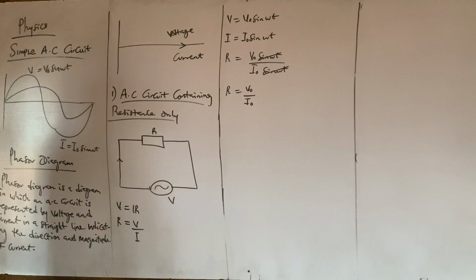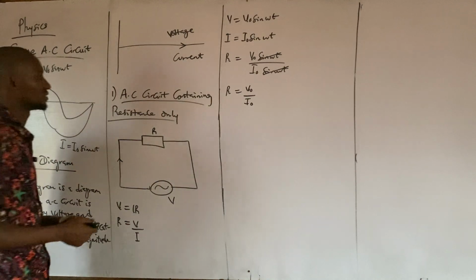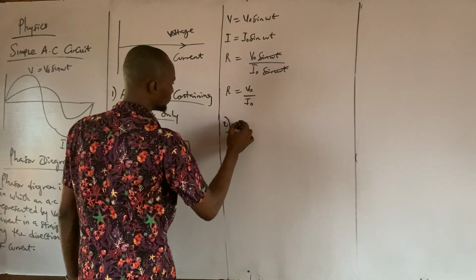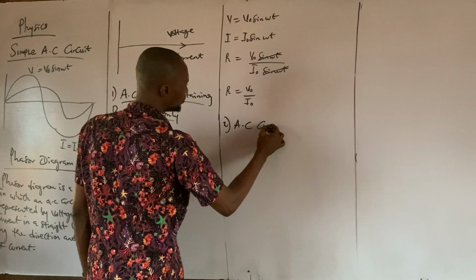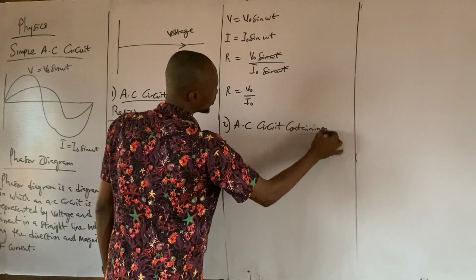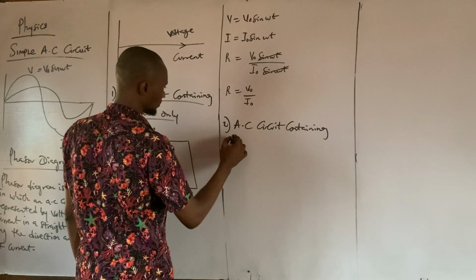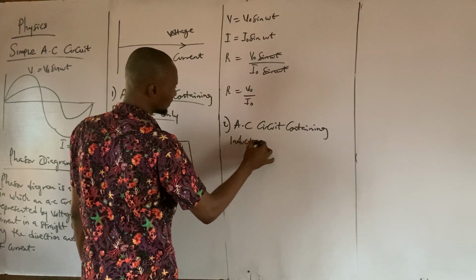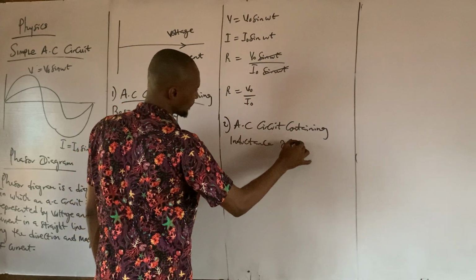Now, let's talk about AC circuit containing inductance only. Number 2, AC circuit containing inductance only.